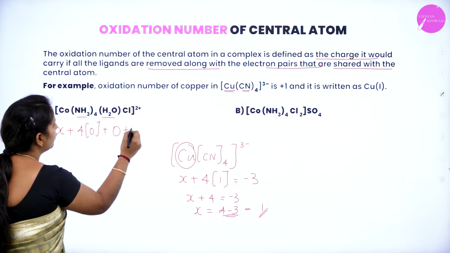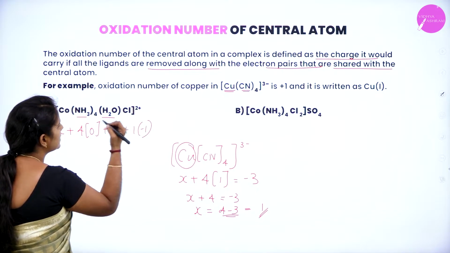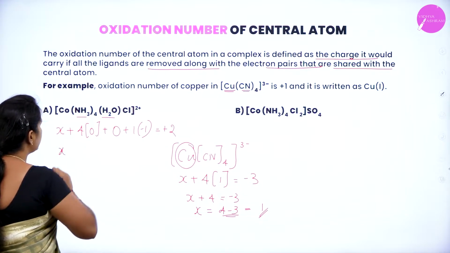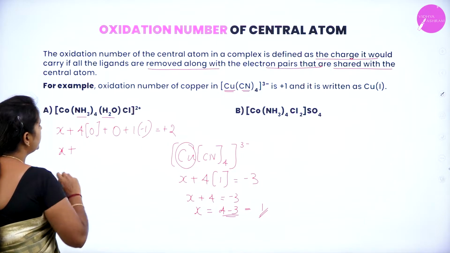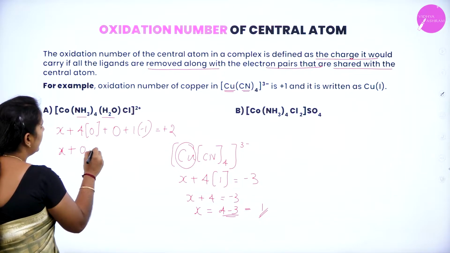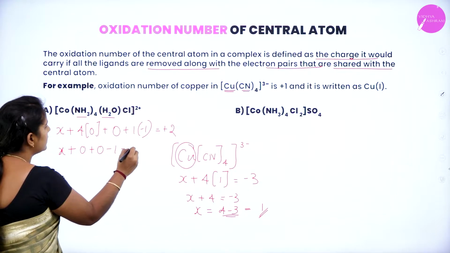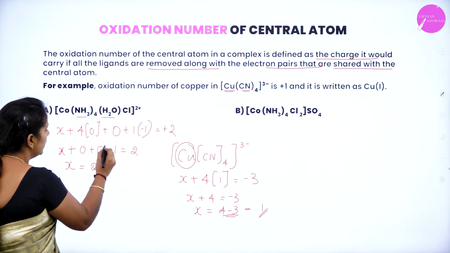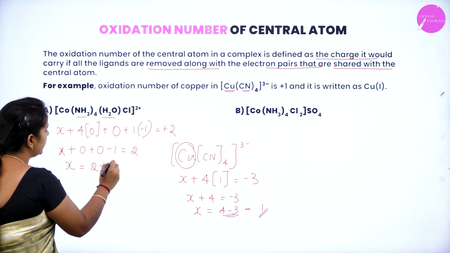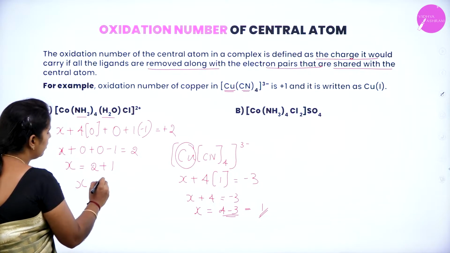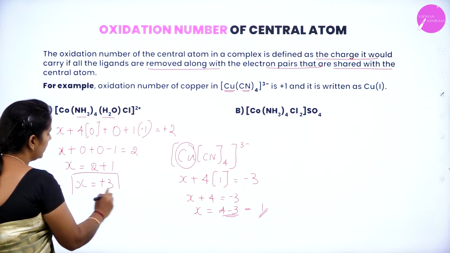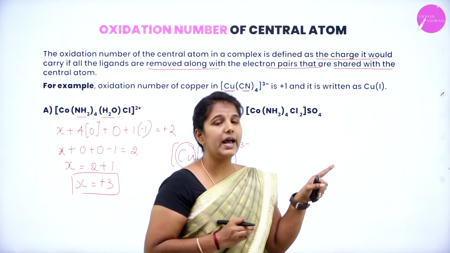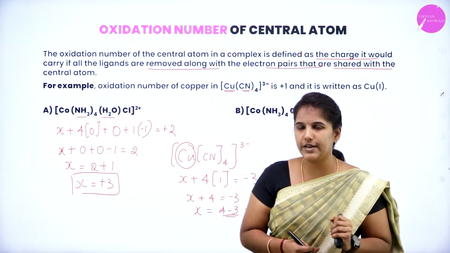For the chlorine it is 1 into minus 1, which is equal to plus 2. So, X plus 0 plus 0 minus 1 is equal to 2. So, X is equal to 2. If you take the 1 outside, it will become 1. So, X is equal to plus 3. So in this complex, you can see that cobalt has got plus 3 oxidation state.